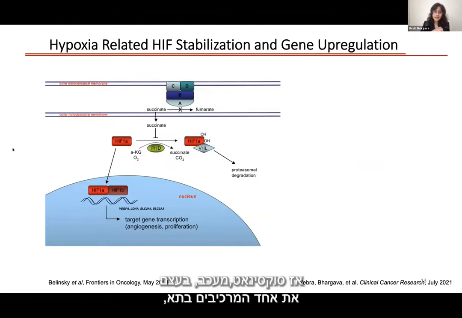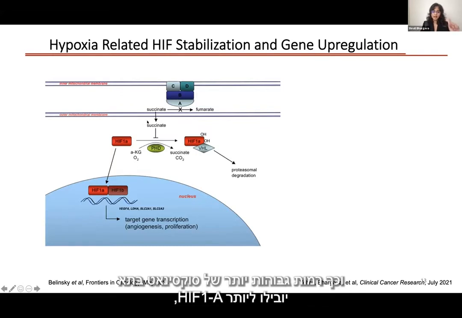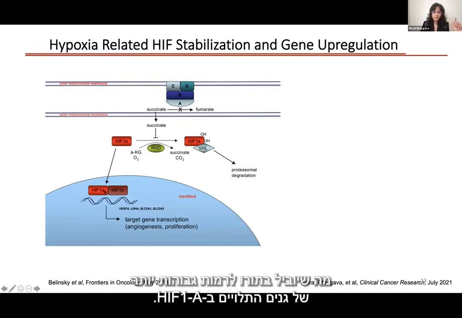So succinate actually inhibits one of the components in the cell which causes the degradation of HIF1 alpha. Thus, higher succinate in the cell will have higher HIF1 alpha, which will then cause higher levels of genes which are dependent on HIF1 alpha.